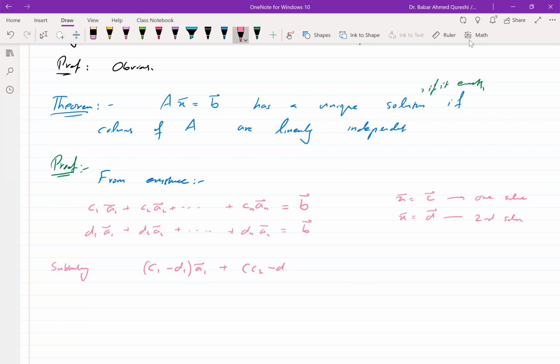Since I have written that the unique solutions for all B, suppose take B is equal to 0, then AX is equal to 0 should have a unique solution. What is this equation? This equation is just a linear combination of the columns.